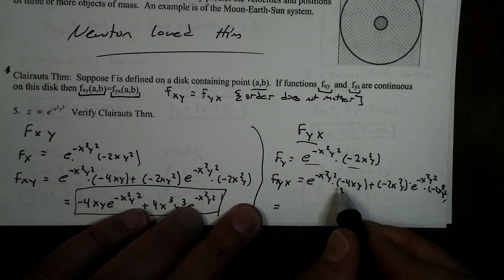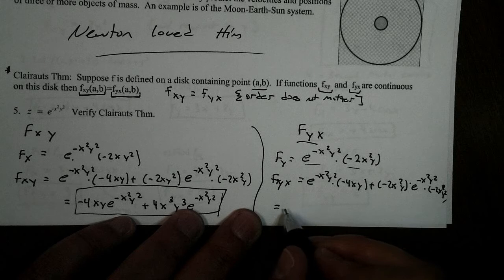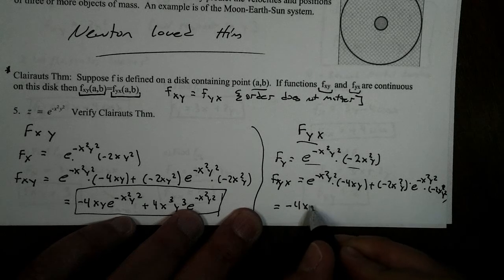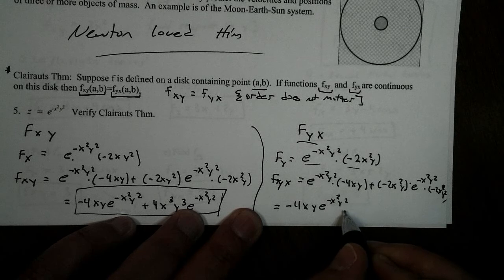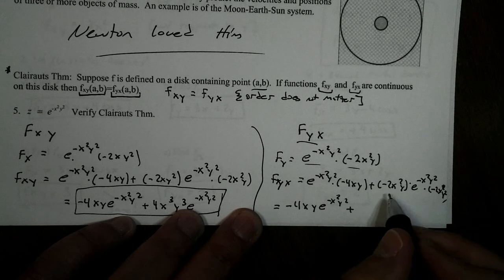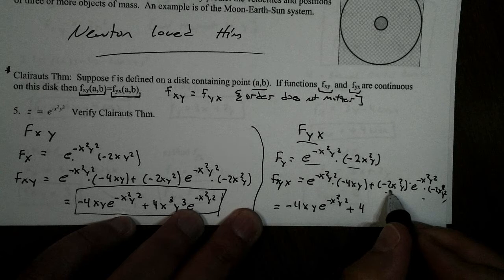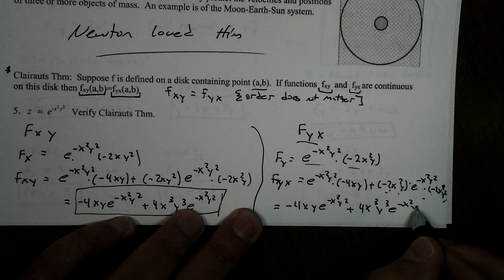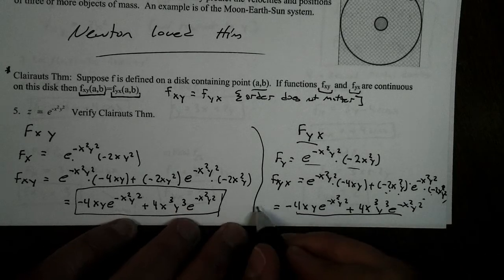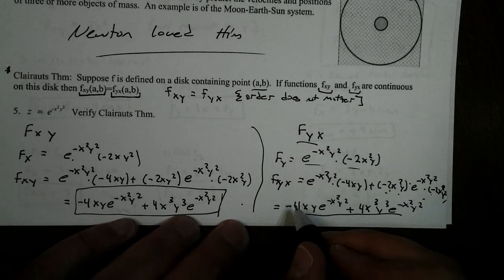And if I clean that up, you can notice we're going to get the same thing. Negative 4xy e to the negative x squared y squared plus 4x cubed again, y cubed, e to the negative x squared y squared.